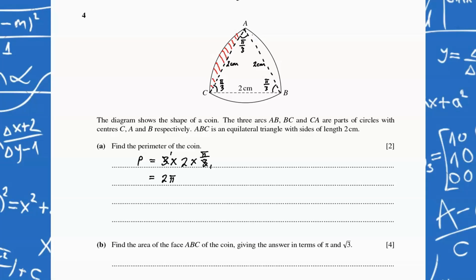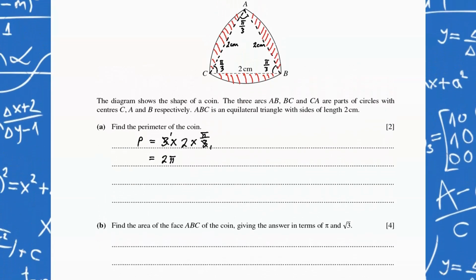So this is a segment, this here, and this here is a segment. So we actually have 3 segments and an equilateral triangle in the middle. We shall need to find those areas and combine them. So let's do that.